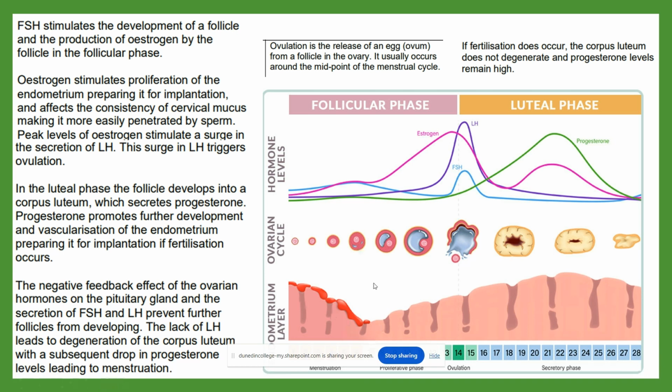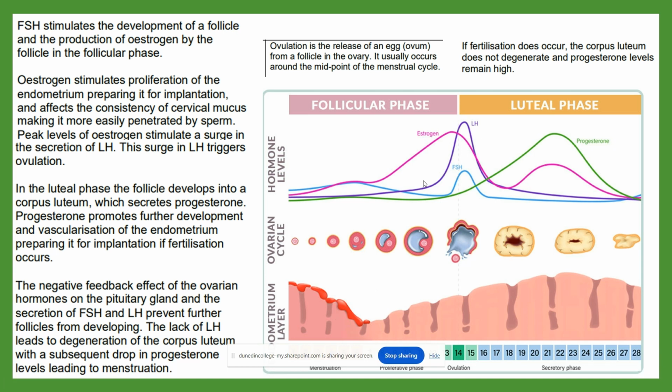It's this peak, this maximum level of estrogen, which triggers the pituitary gland to release its second hormone, the luteinizing hormone, LH. You should be able to see the LH levels surging or peaking here. It's this surge of LH which triggers ovulation, the release of a mature ovum cell into the oviduct.